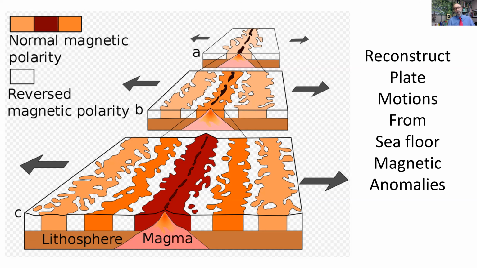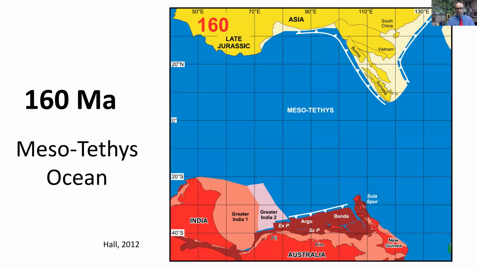And if the magnetic field of the Earth reverses, you begin to get the magnetic reversal pattern. Therefore, looking for these magnetic anomalies from marine surveys allows us to reconstruct the history of the sea floor.